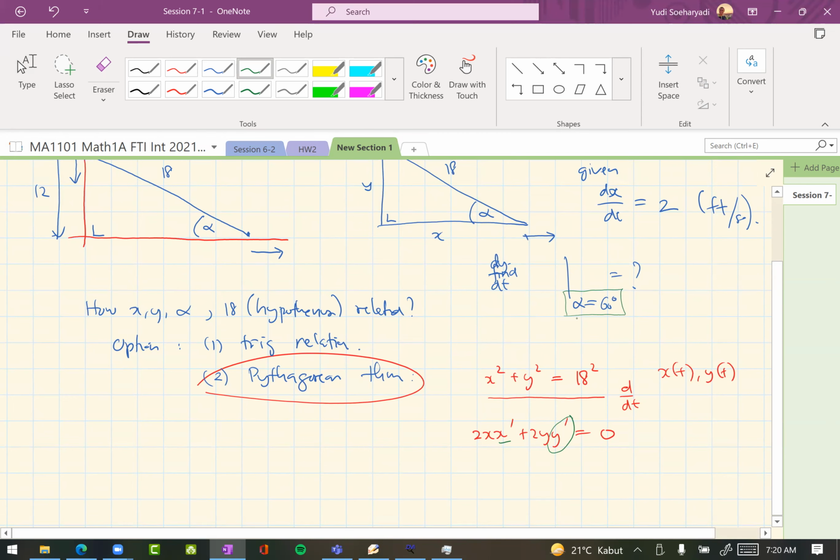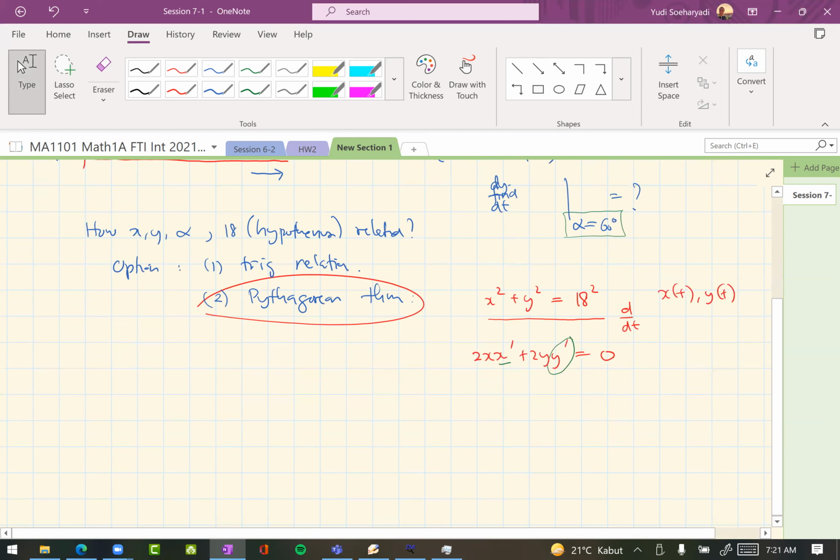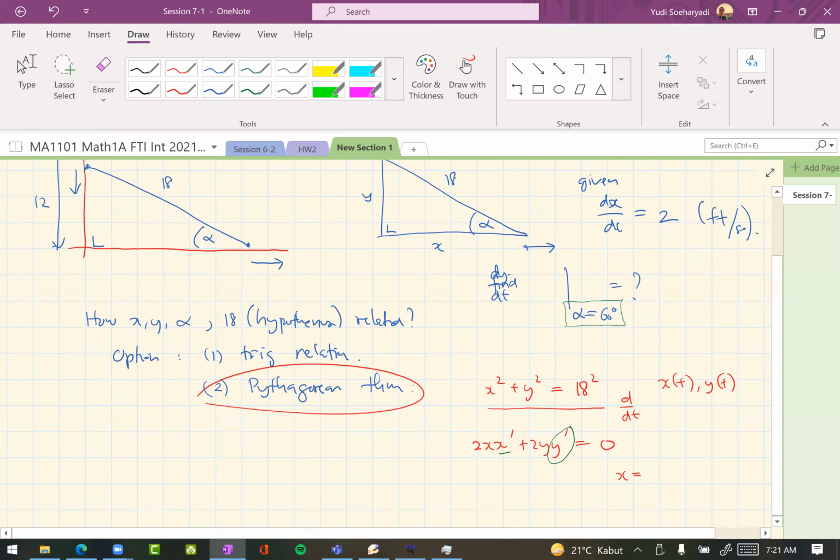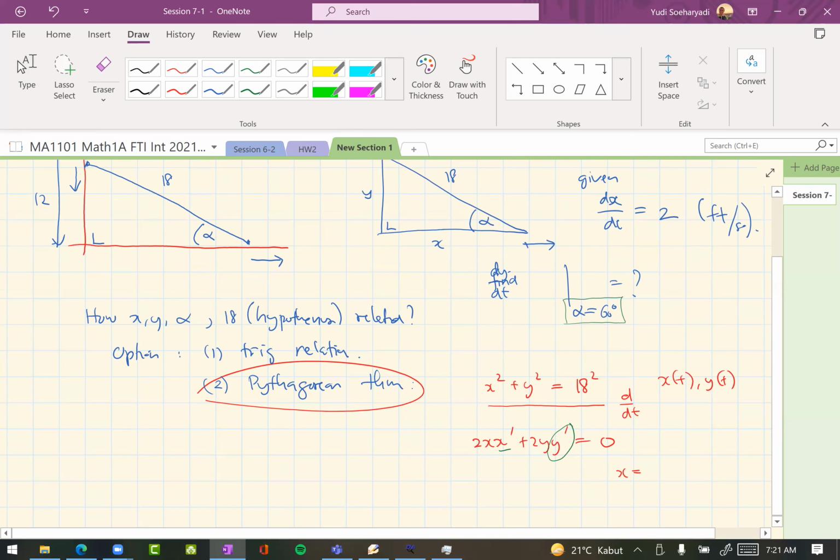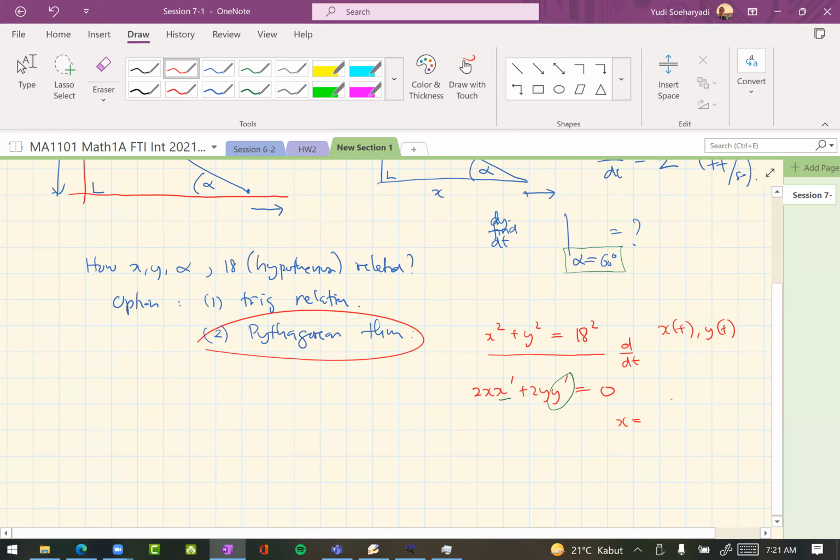So at this instant, you have to find x and y based on this. Basically, x is the horizontal component, so that's 18 cosine alpha. y is 18 sine alpha.